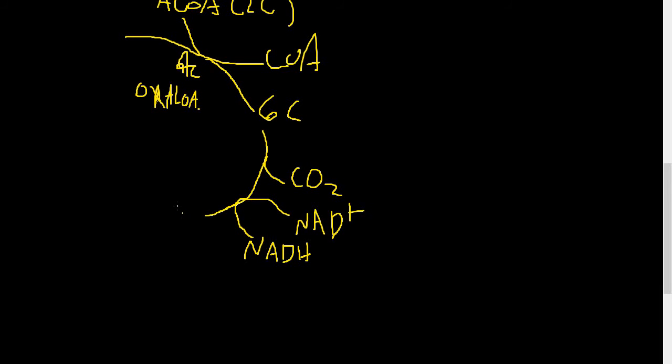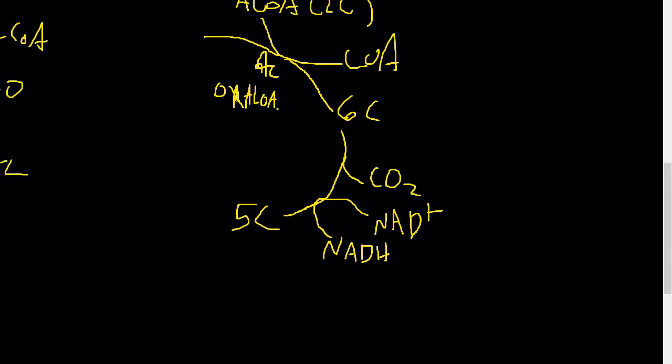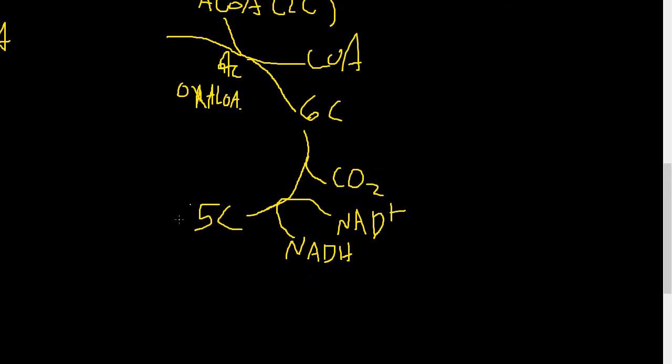And so then you're left with a 5C sugar, since 6 minus 1 is 5. This sugar takes a similar route. It also loses a carbon in the form of CO2, and is oxidized.